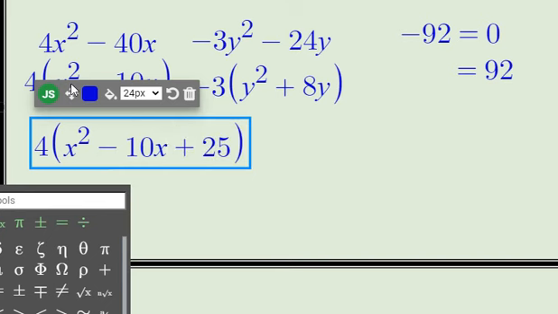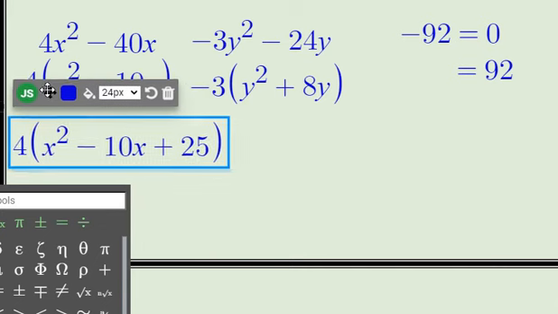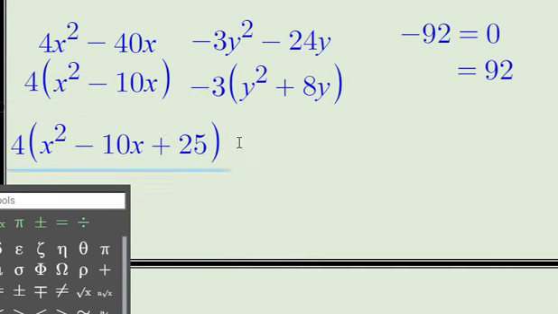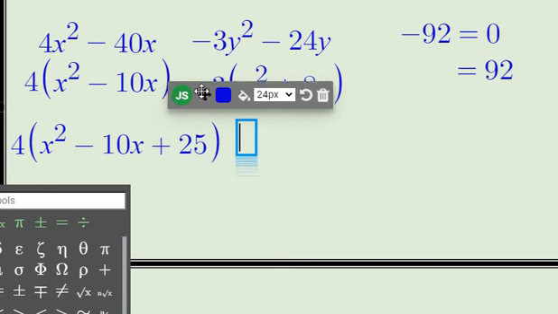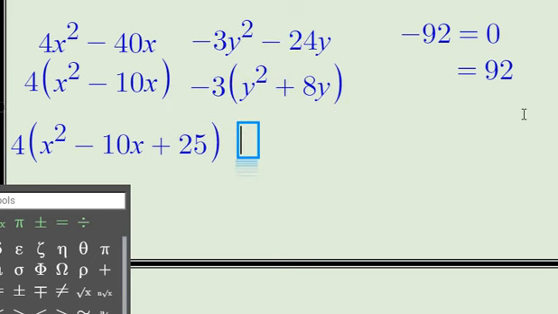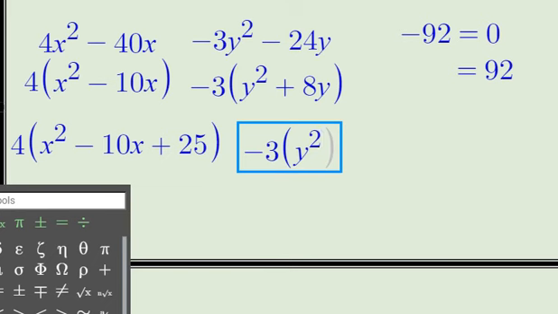And now I have a perfect square trinomial there. Next, I do the same thing with the y's. So I still have my negative 3 in front. So there's y squared plus 8y. And then I take half of this 8 and I get 4. And when I square that 4, I get a positive 16.